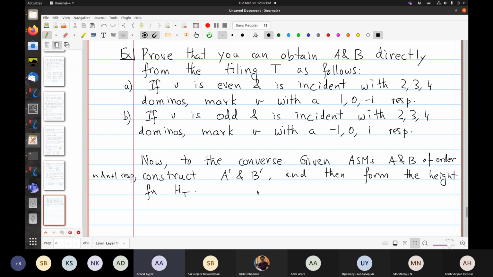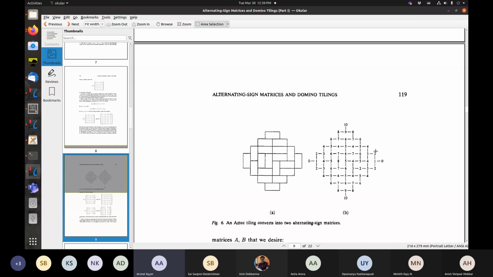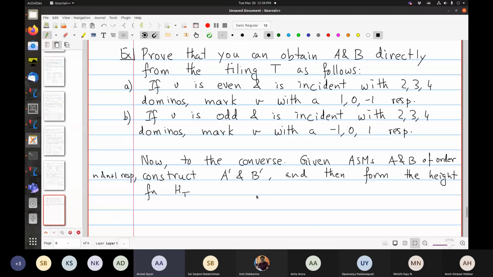Right? So given A prime and B prime, you can come up with a height function like this. Now, but we want to check what's going to happen.